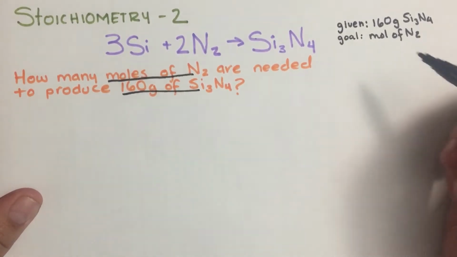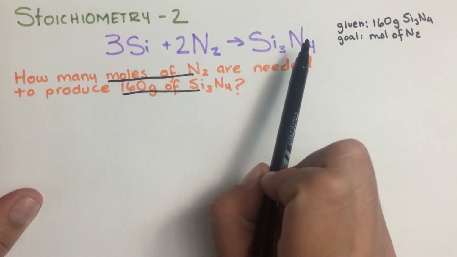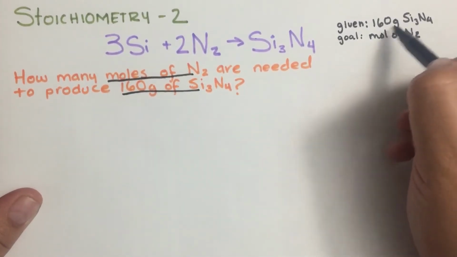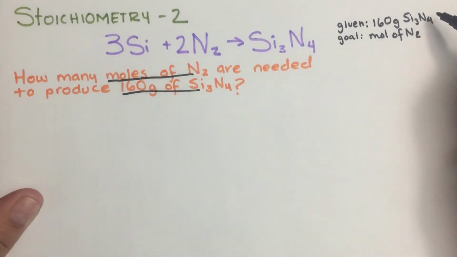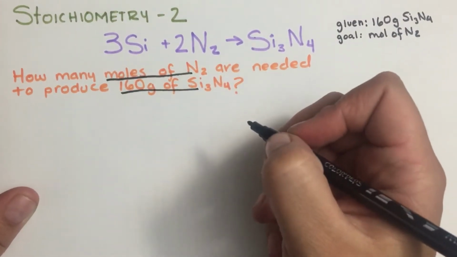So the first step, okay, remember that your equation is in moles, and even though you're starting in grams, at some point you need to exchange from trisilicon tetranitride to nitrogen gas. And the only way to go from one compound to the next is by using your reaction, your equation.